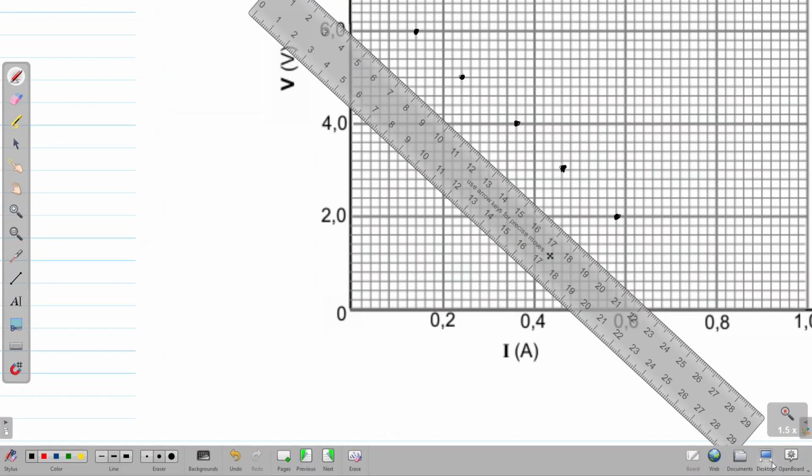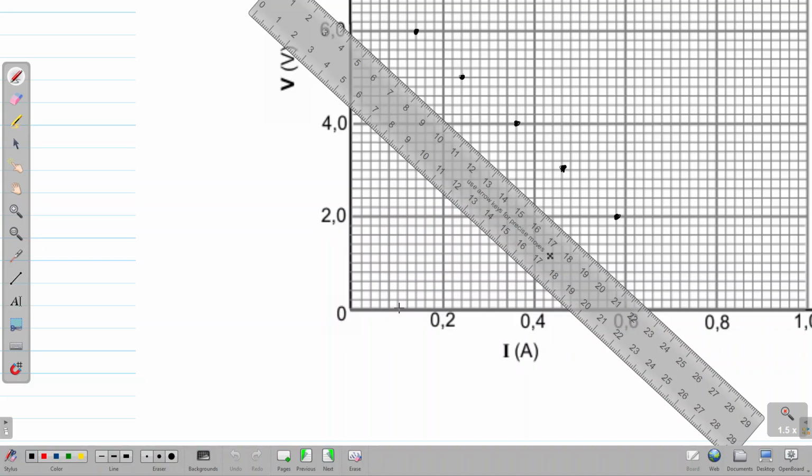All right, here I've plotted the points, and I'm just going to read you the scale. On the x-axis it goes 0, 0.2, 0.4, and on the y-axis it's 0, 2, 4, 6. When we move on the x-axis, we move by 0.02, 0.04, 0.06, 0.08, and this would be 0.1.